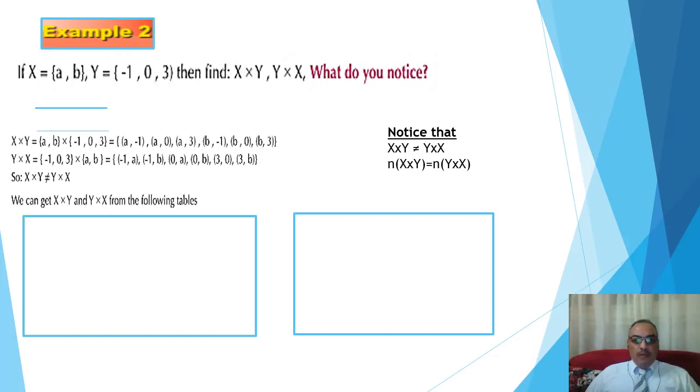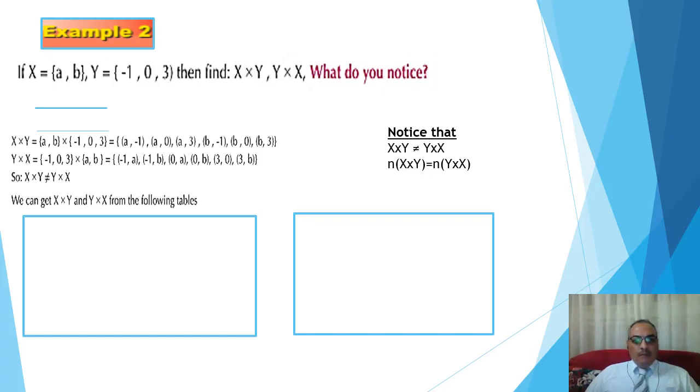We take the first element in X with the first element in Y, inside two brackets, to make an ordered pair, and A with 0 second, and A with 3 third, and so on. B with negative 1, B with 0, B and 3. We obtain the set of ordered pairs of the product like this.